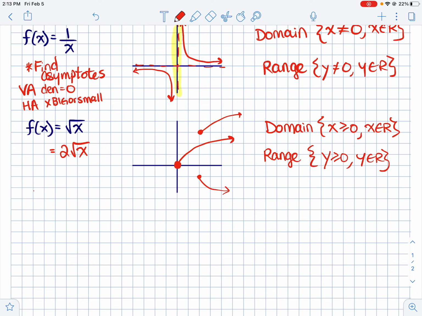Or if you had a number in front of the x, also not going to affect this location. But if you had something like x minus 1 under the bracket, where's that going to shift it? To the right one. And then if you have a number outside like plus 5, that's going to shift it up 5. So just remembering that kind of stuff from grade 11 math.